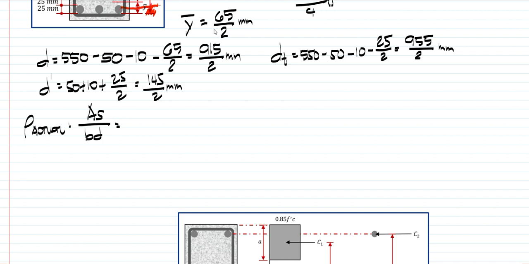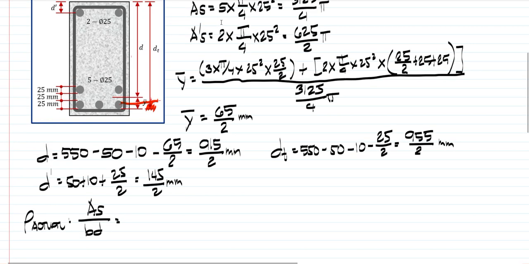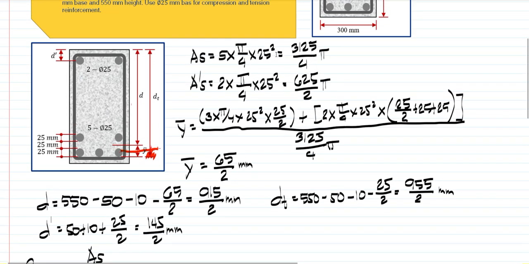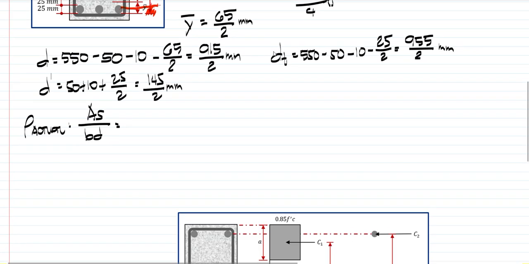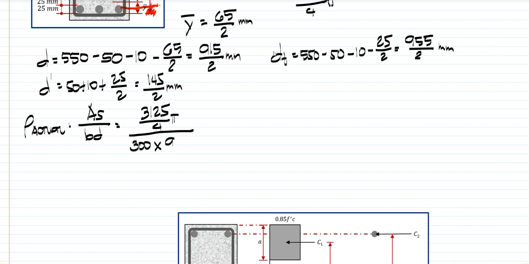So, AS natin dito. So, ito na yung actual AS natin, which is 3125 over 4 pi. Divided by B, that is 300 times yung D is 915 over 2. So, we could get a rho actual approximately 0.017882.